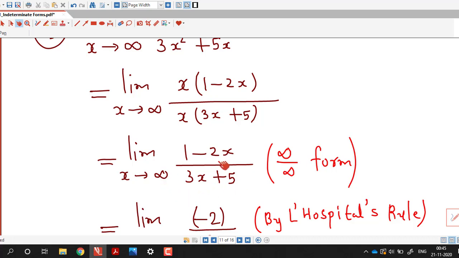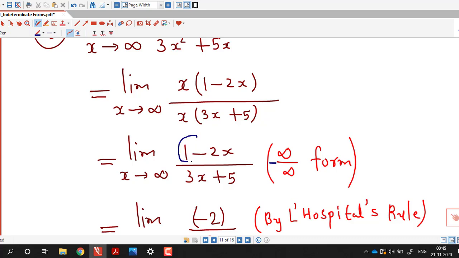And if we put x equal to infinity, we have infinity by infinity form, or we can write here it is minus infinity by infinity form, because we have 1 minus 2 into infinity. But it does not matter, sign does not matter, either we have infinity by infinity form or minus infinity by infinity form, we can apply L'Hospital rule.